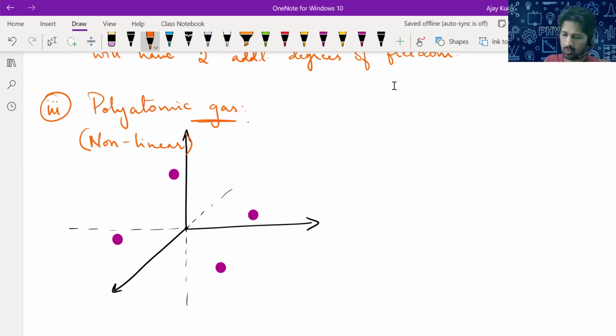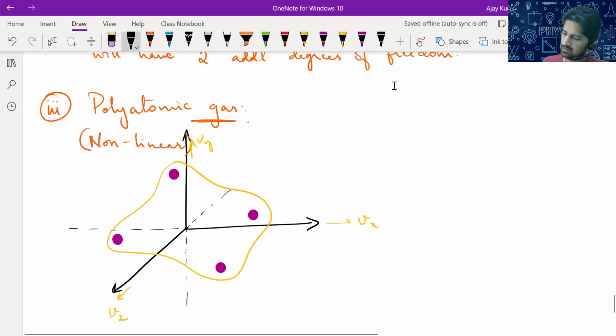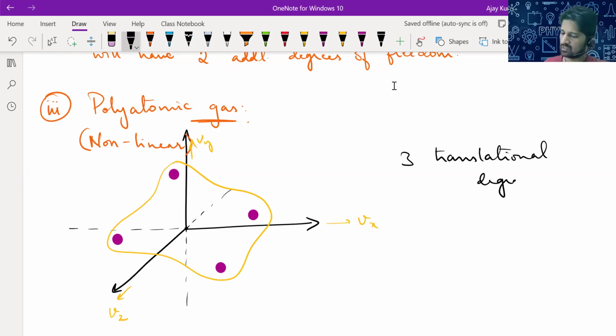Then this kind of a molecule can definitely translate, it can move around. So it will have translational kinetic energy, due to velocity in the x direction, in the y direction, and in the z direction. So it will have three translational degrees. Next is rotational kinetic energy.